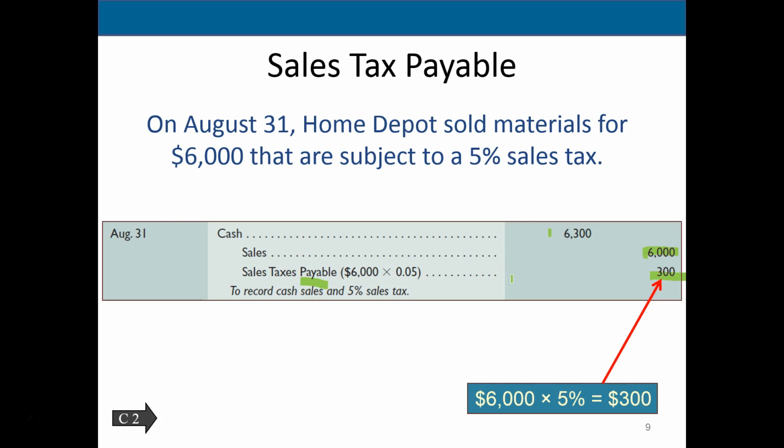Liabilities have a credit balance, so we're going to make it go up by crediting it. The debit is going to be the $6,000 sale plus the $300 that we're going to receive from the customer in order to cover our sales price plus the sales tax. But the $300 we can't credit to revenue, because we don't get to keep it. It's not our money that we earned. We have to pay it to the government.